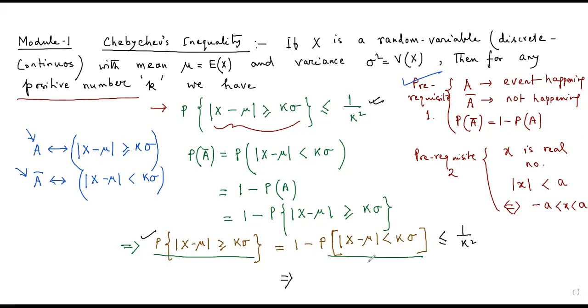And from there, we can take some quantities on the left hand side and some quantities on the right hand side by interchanging the sides of the quantities. Ultimately we are going to get this expression, that probability of mod of x minus mu less than k sigma is going to be greater than or equal to 1 minus 1 by k square.